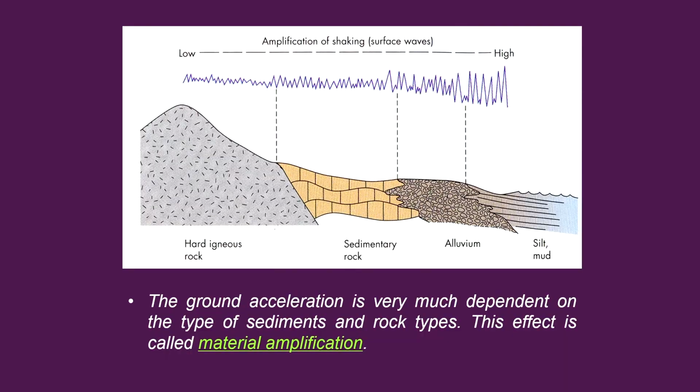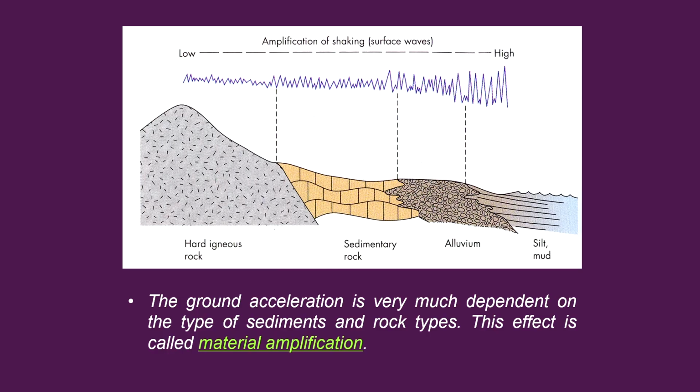Okay. That even the earthquake which is occurring 250 kilometers away will have different ground shaking in the epicentral area and away from the epicentral area, and that is what we call the amplification factor. Okay. So, the ground acceleration is very much dependent on the type of sediments or rock types.